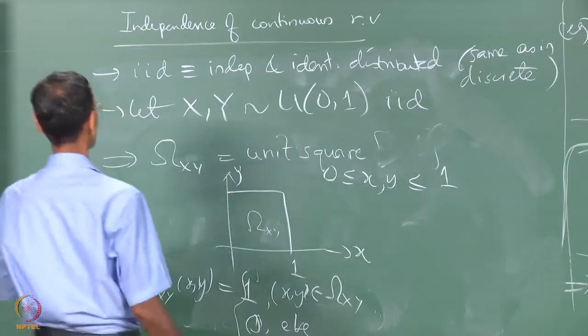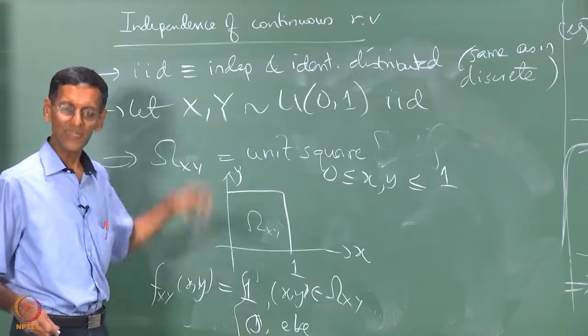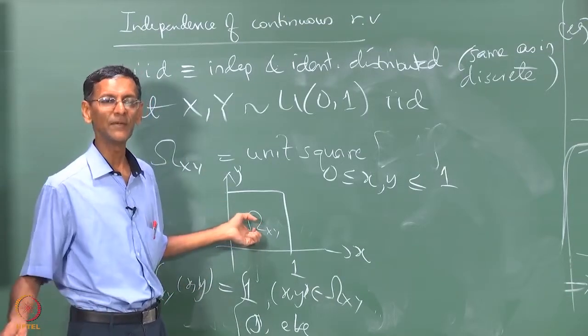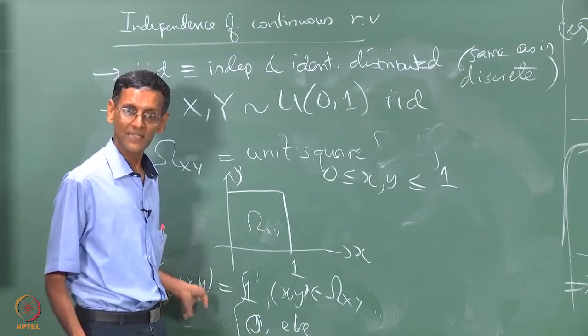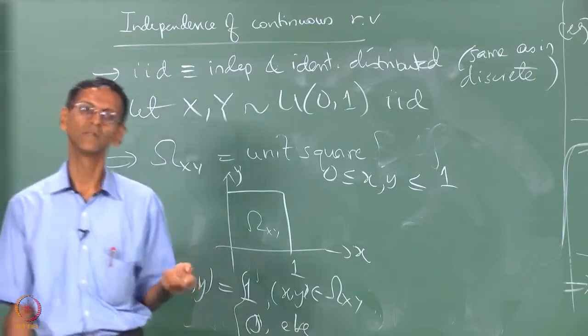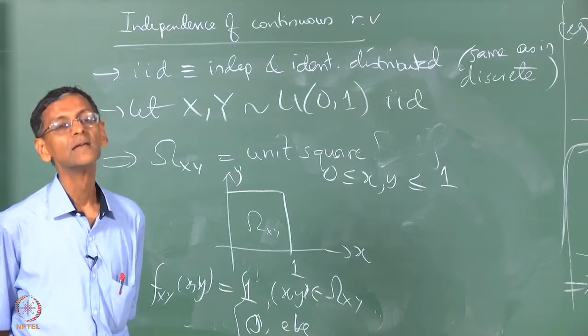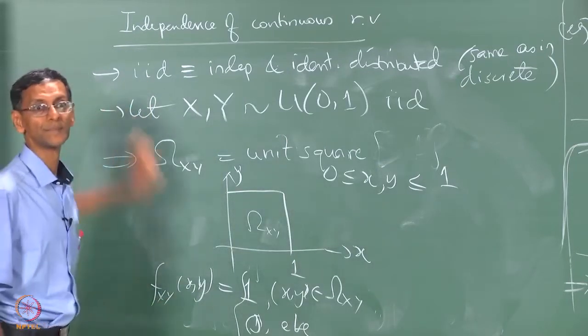So instead of saying I start with this and I form this, you can just start directly with this. Let x and y be two random variables defined on the unit square such that the density function is constant. Then obviously the whole thing holds. You don't have to start with this all the time.